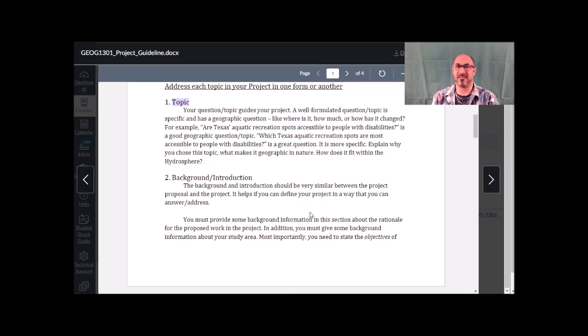Hundreds of feet below the surface, there are catfish and spiders and shrimp and all sorts of things. So in the background and introduction, I want you to frame where this problem or question or topic is, and then also talk a little bit about its geographic setting and include a little bit about all the other three spheres. Okay?